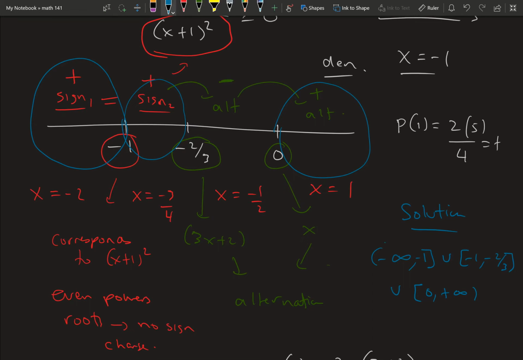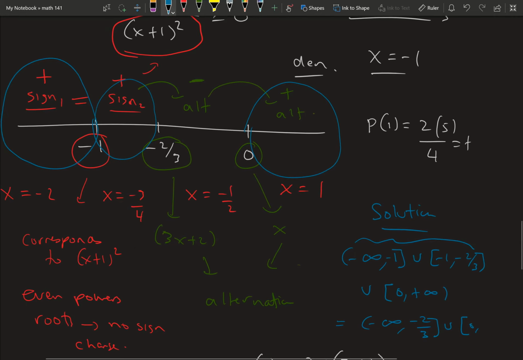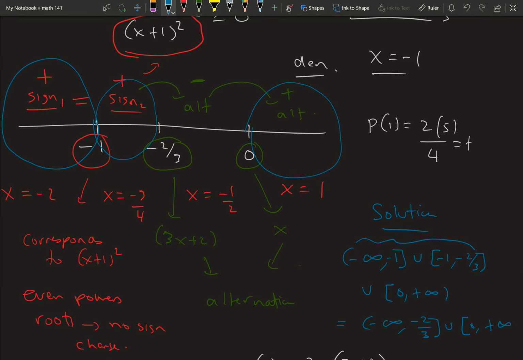Well, notice that these parts actually combine into a single interval. So this is actually just -infinity up to -2/3 union 0 to +infinity. And that is our final solution.